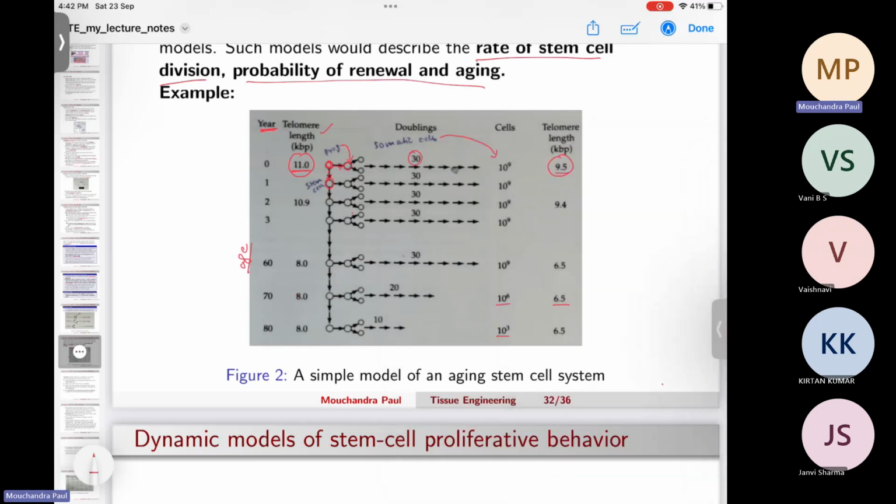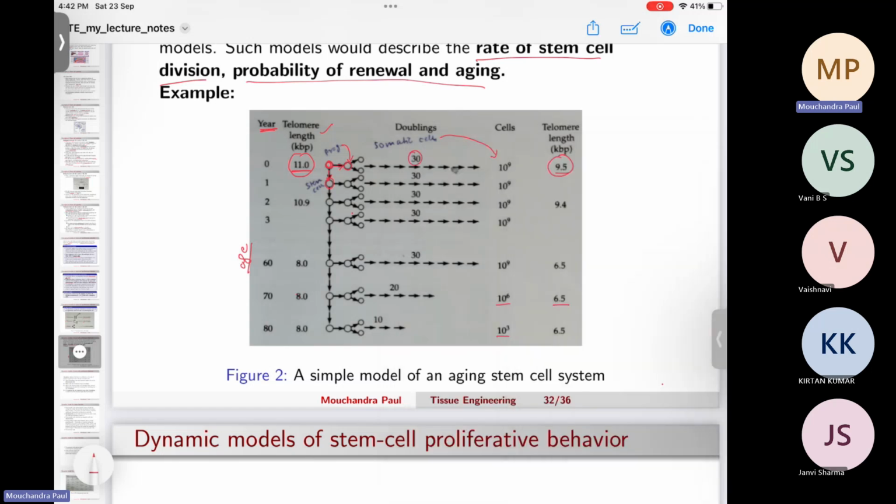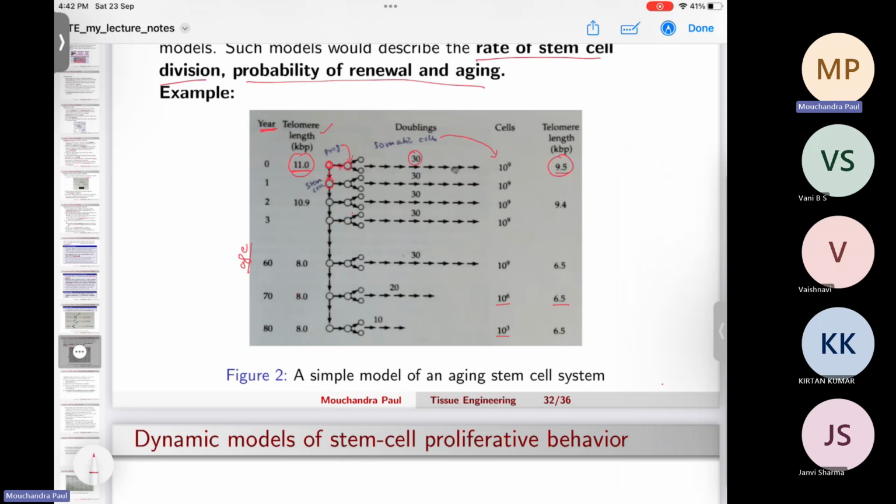Same is observed for year 2 as well. Yes, Janvi was saying something? Yes, ma'am, 1.5. Yeah, 1.5, correct. So similarly, you can do it for year 60, where 8 minus 6.5. Here also 1.5. Okay.